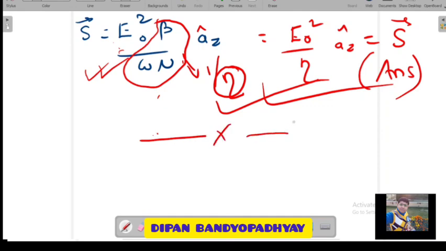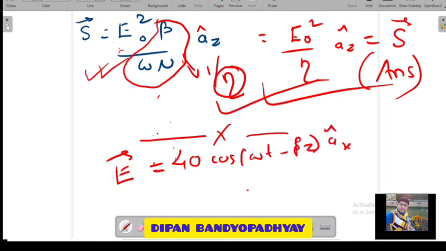What you can do is take it as an assignment: what will be your H for a field like this? Say we have E equal to cos(omega t minus beta z) ax cap plus 30 sine(omega t minus beta z) ay cap.